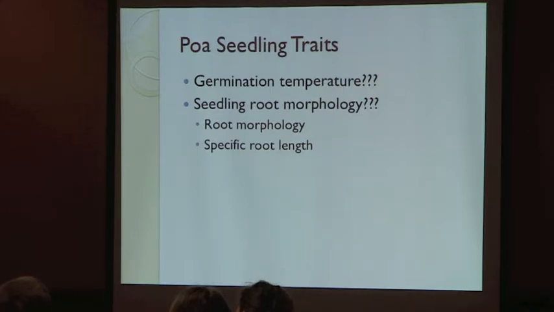We want our seeds to be able to germinate at a very low temperature, just like cheatgrass does, so it can get out there and start competing for things. And then in terms of root morphology, we want these seeds to grow fast after they germinate. That's what cheatgrass does. It grows fast. It can go find nutrient or resource pockets before the natives do, and monopolize these resources. So that is in the works.